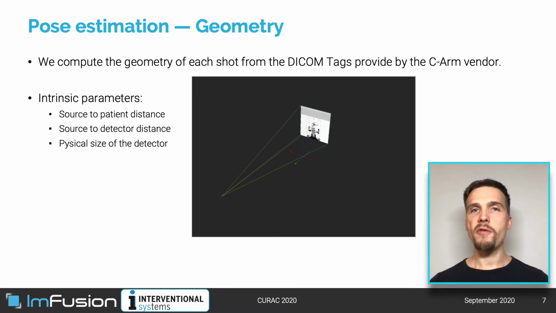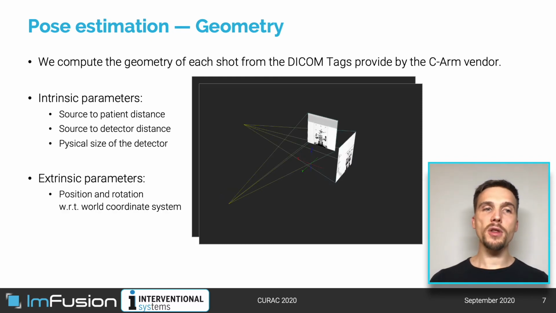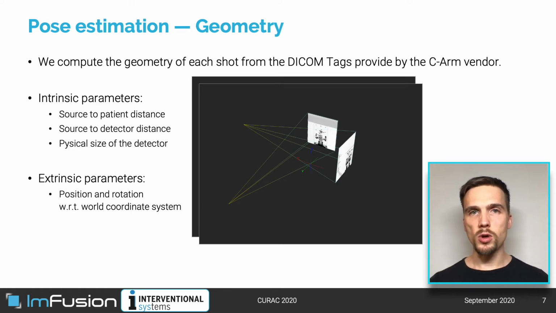And this defines a pyramid shape defined by the detector position and the source position. And furthermore, you need the relative position of individual shots to each other with respect to a common world coordinate system. And this is given by the extrinsic parameters, and this information can usually also be extracted from the DICOM tags. What is missing now is the position of the robot with respect to this coordinate system.